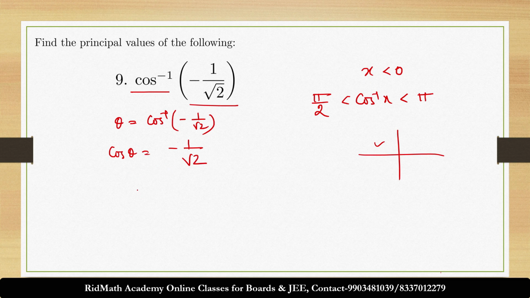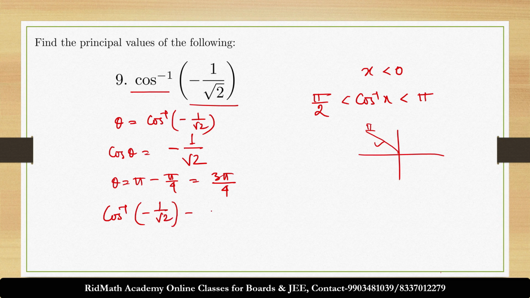You can easily check that cos pi by 4 equals 1 by root 2, and it is an angle from the second quadrant, so this theta would be pi minus pi by 4, that means 3 pi by 4, and cos 3 pi by 4 is minus 1 by root 2, that means cos inverse minus 1 by root 2 is 3 pi by 4.